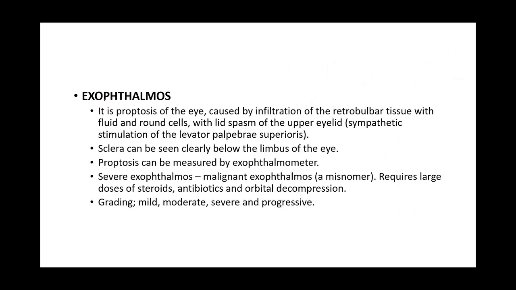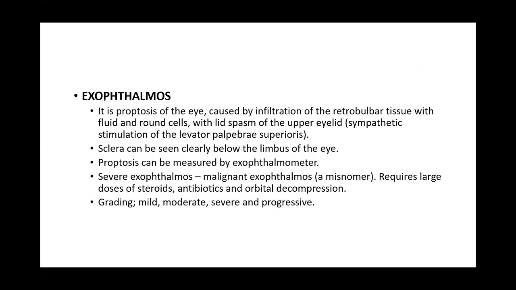Now, exophthalmos, okay, is proptosis of the eye caused by infiltration of the retrobulbar tissue with fluid and round cells, with lid spasm of the upper eyelid from sympathetic stimulation of the levator palpebrae superioris. Sclera can be seen clearly below the limbus of the eye.